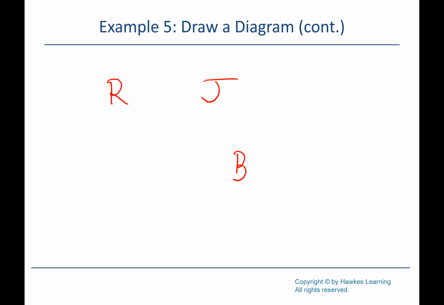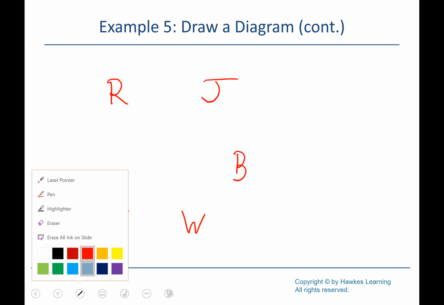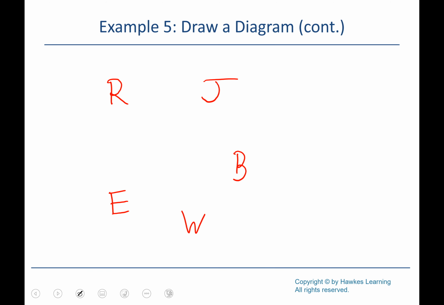Oh, yeah, it's an ugly W. Okay. There's our 5 teams. And then I didn't get that very symmetric, did I? That's kind of lopsided. It's okay.